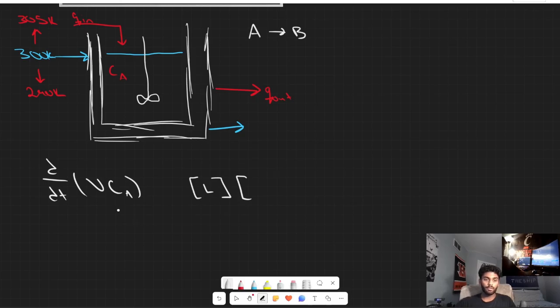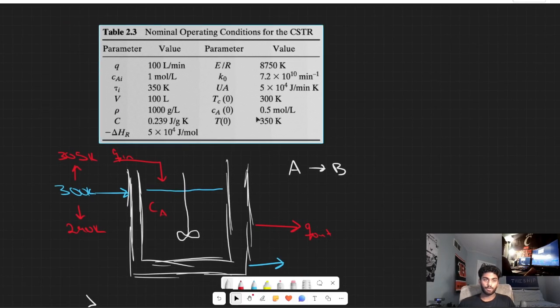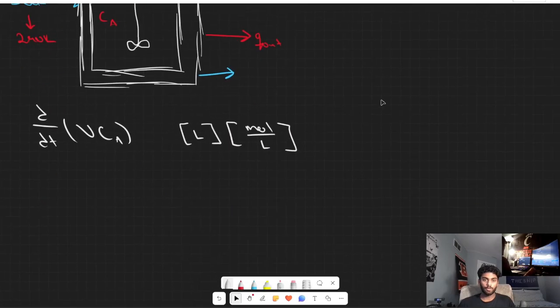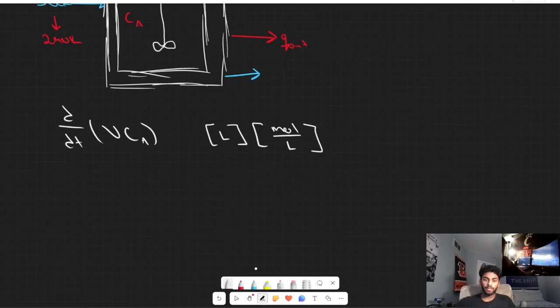We look at units of concentration, we're going to have moles per liter, as you can see up here. So volume is in liters, concentration moles per liter. So that gives us a final value of moles, which can be translated to mass, but we'll keep it in moles for our mass balance.